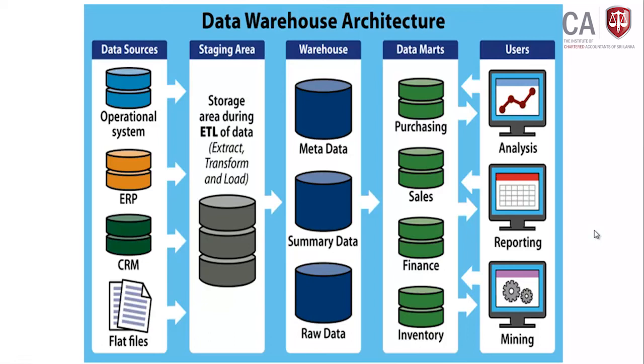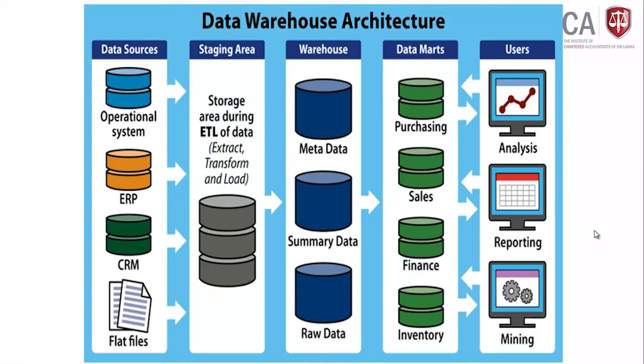And the staging area means the storage area during ETL, extract, transform and load. Extracting information, transforming and loading will be done here. The ETL mechanism is implemented here. The data comes from the operational level: operation system, ERP, customer relationship system and flat files. There are many systems from which the data will be captured and then stored here.